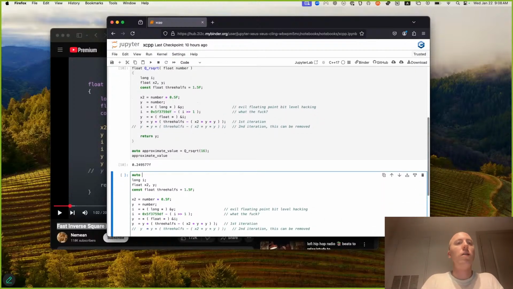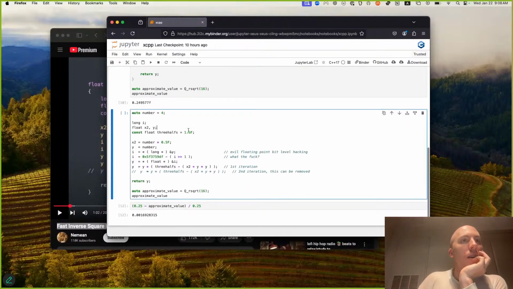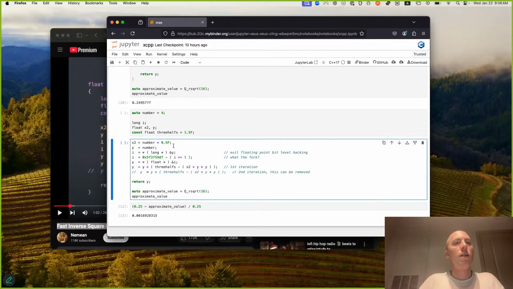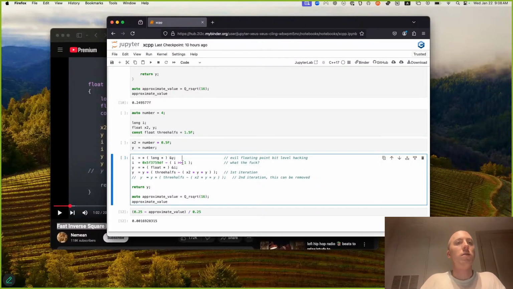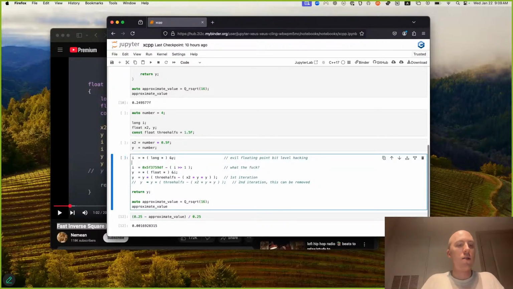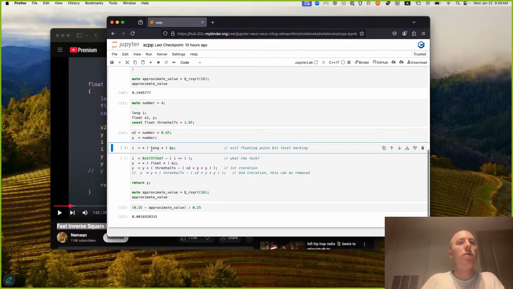So we say number is equal to 4. And so there you go, got some constants, and x2, y. Let's just do it and see the values that we get.